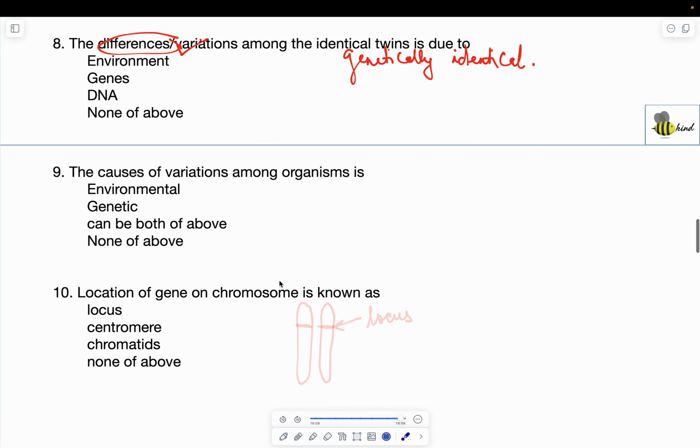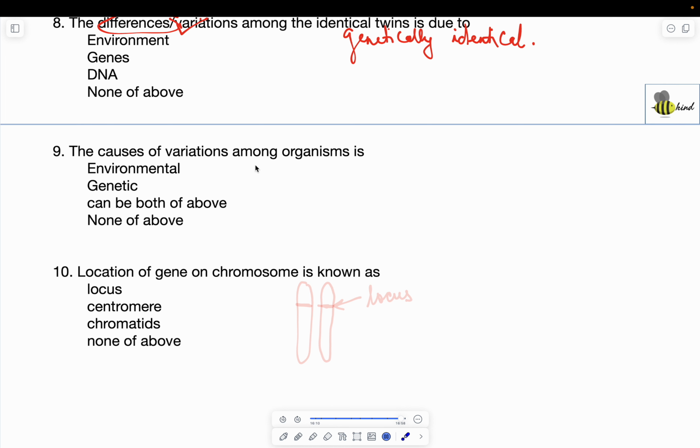The next question is the causes of variation among organisms. Basically this question wants to know the types of variation. Already explained, there are two types of variation, environmental and genetic. So the answer is both of the above.